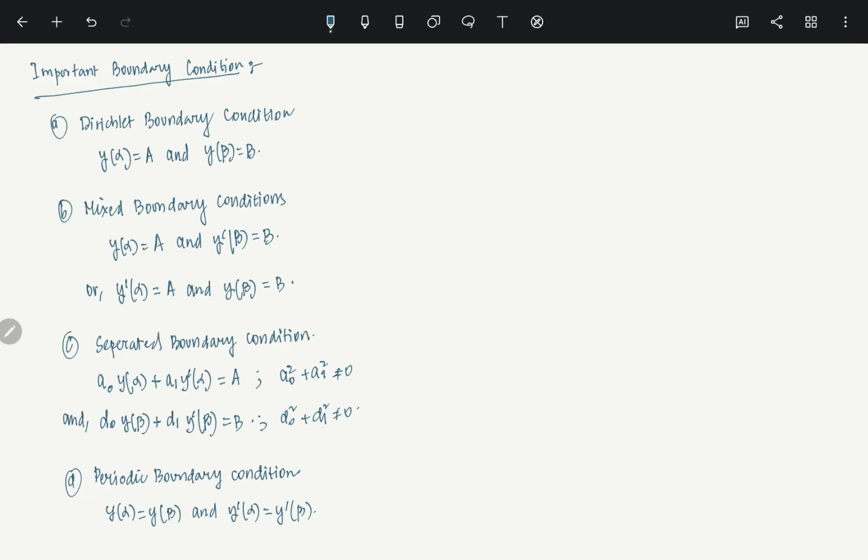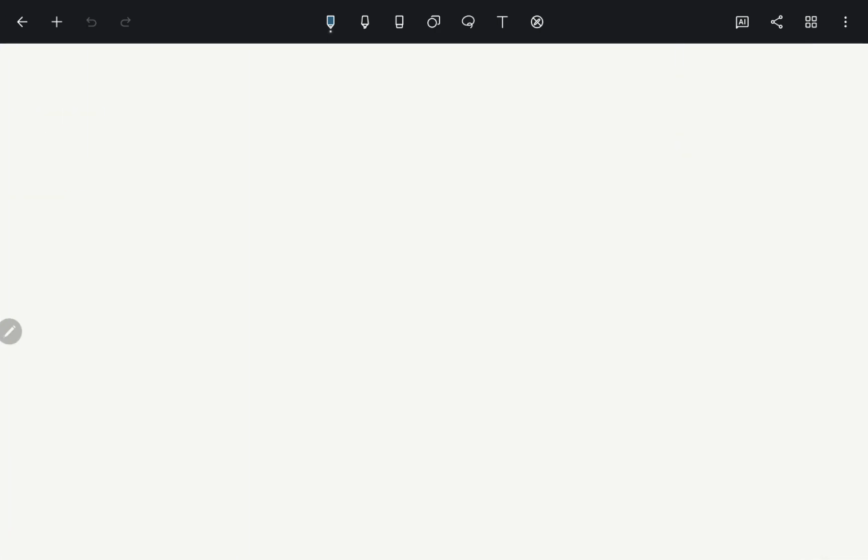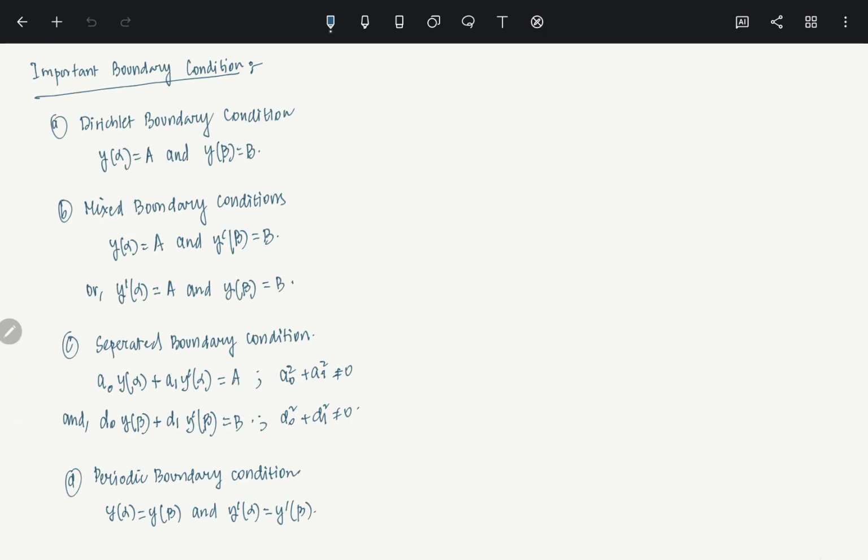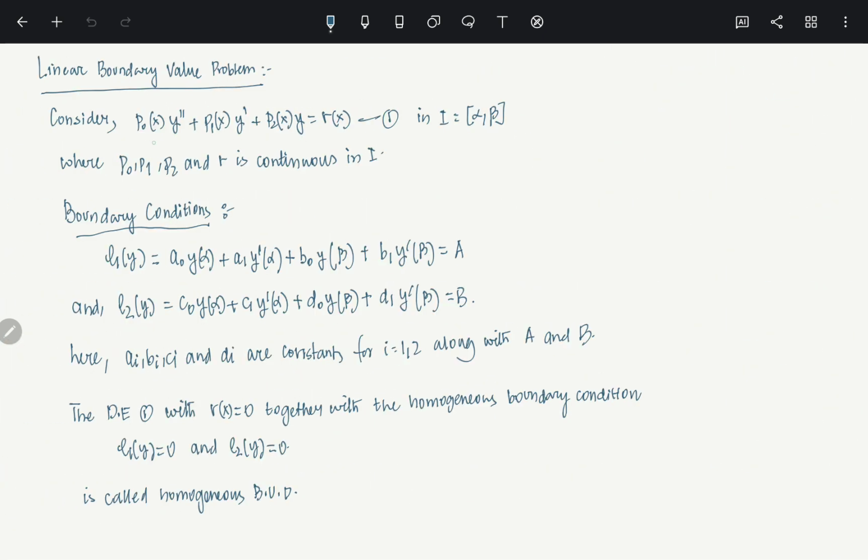So now we come to a definition. We say that the problem 1, p naught y double prime plus p1 y prime plus p2 y equals r, maybe let me put it this way, this is 2.